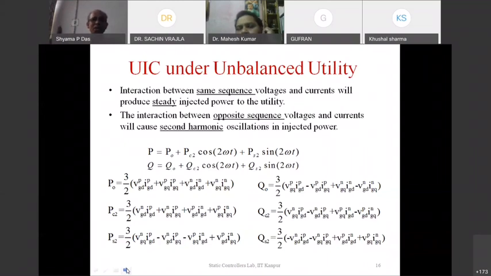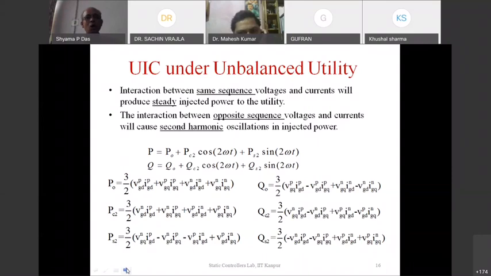Because the three-phase power is the sum of the power in phase A, phase B, and phase C. If phase A, phase B, phase C are balanced and the currents are balanced, the three-phase power will be steady. It means the three-phase power will not be oscillatory in nature. But we have a situation where the grid is unbalanced.